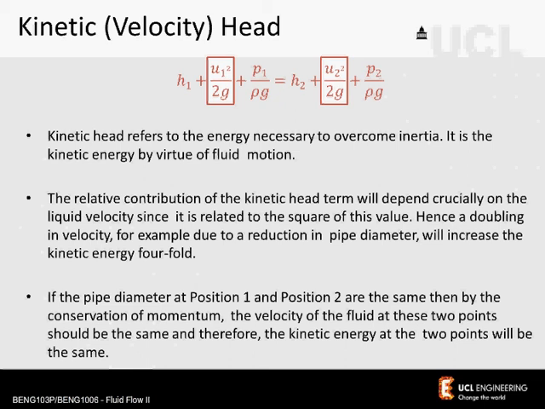If alternatively you're looking at a system where the pipe diameter at position 1 is much greater than the diameter at position 2, then you may be able to cancel out the velocity head at position 1, because relatively speaking the velocity will be much smaller at position 1 than it will be at position 2. And so you may be able to neglect the U1 kinetic head term. We'll cover some examples of this in the tutorials that we're doing next week.